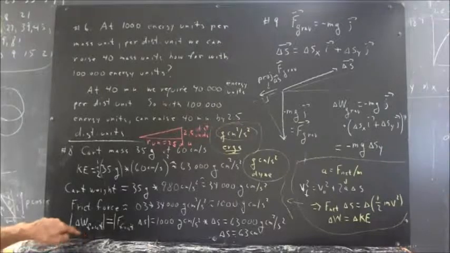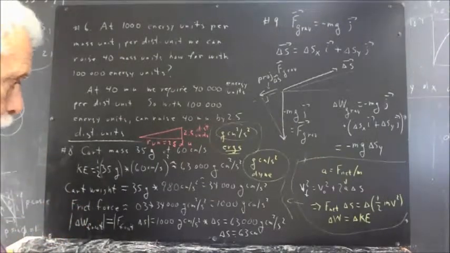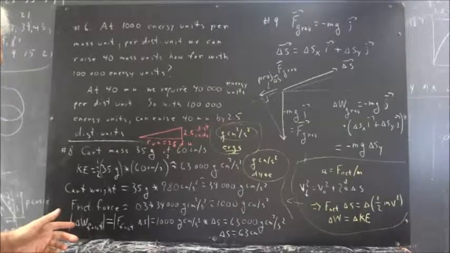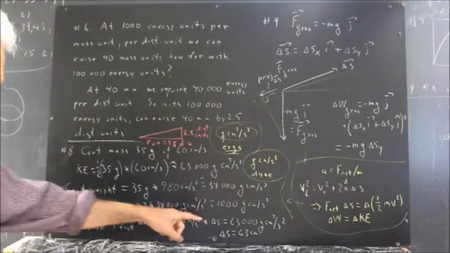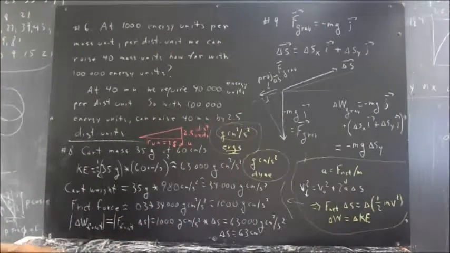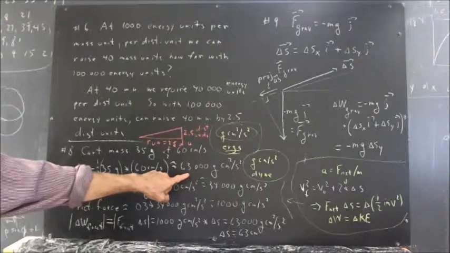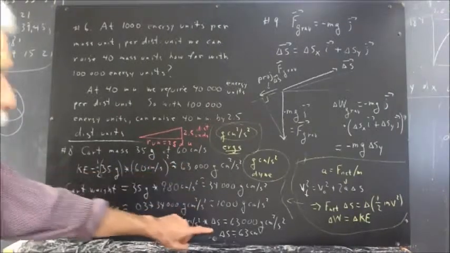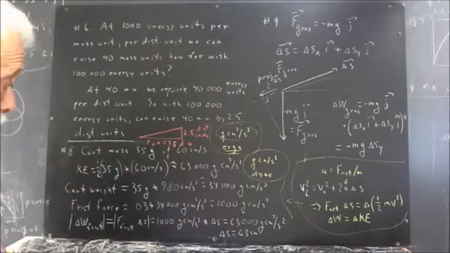Now there's the frictional force, and we're asked to calculate how far the object will travel if it has this much kinetic energy. How far can we travel on this energy against this frictional force?